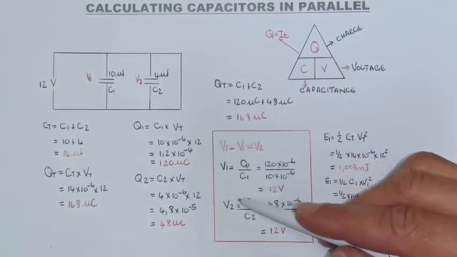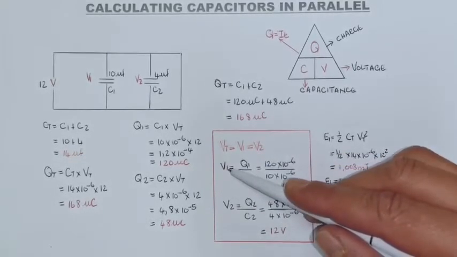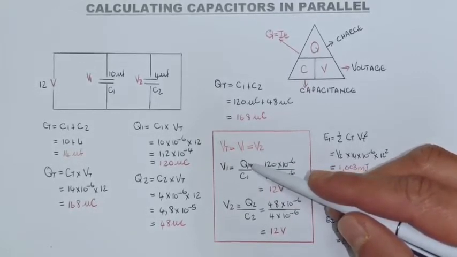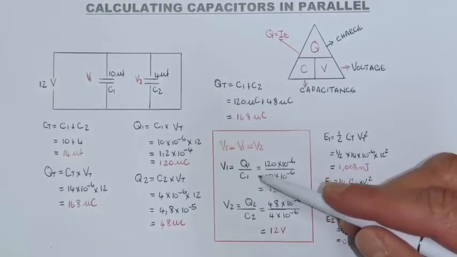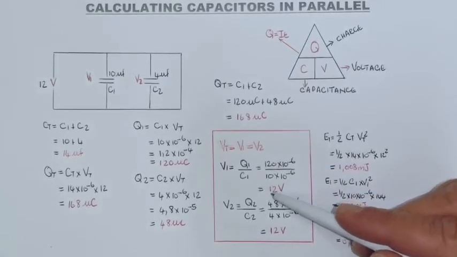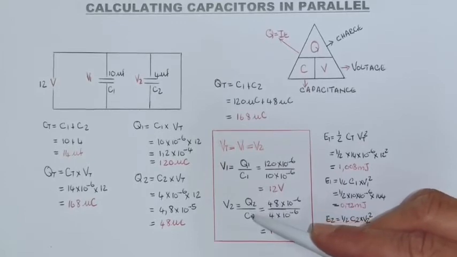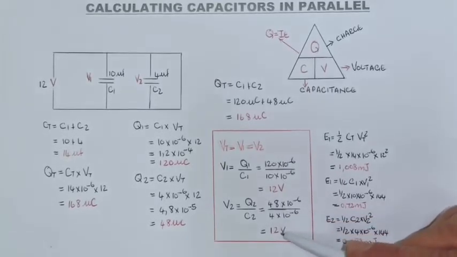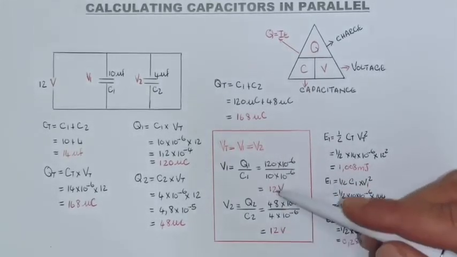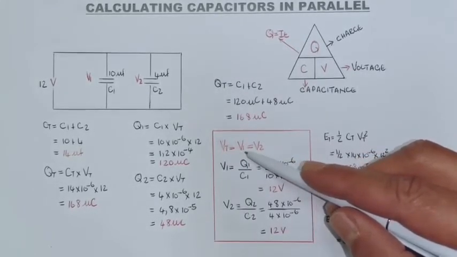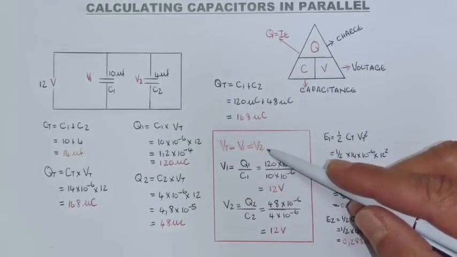And there I have proven that if you want to calculate your voltage V1 and you take your first capacitor's charge divided by the capacitance, you actually get 12 volt. Same with V2, your second capacitor's charge divided by the capacitance will give me 12 volt, which proves that in a parallel circuit my total voltage is equal to V1, which is equal to V2.